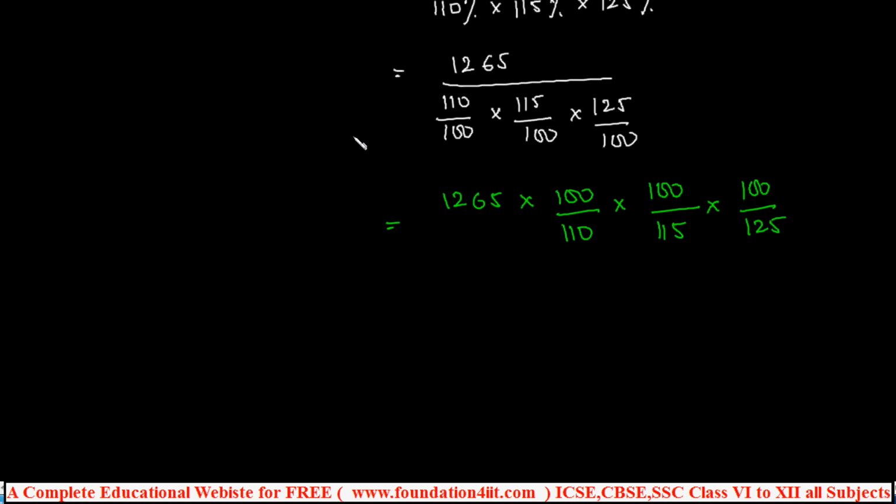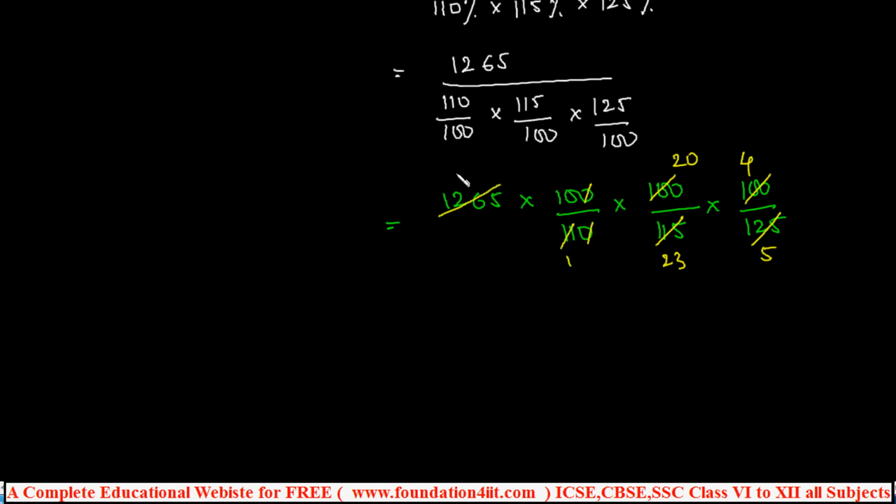This you can simplify now, right? Zeros cancel, 10 by 11, and 100 by 125, 25 fours are 100, 25 fives are 125. Again 5 table, 100 and 115, 5 twos are 10, 5 fours are 20, 23. 11 table also can cancel this.